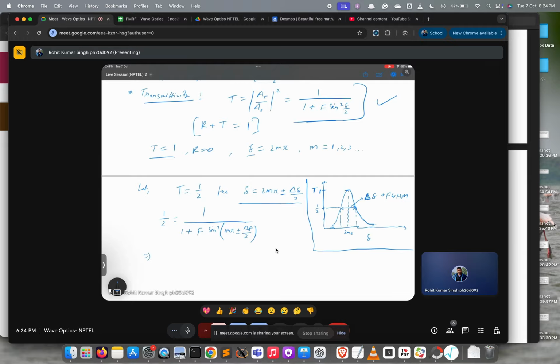If you calculate it, you will get basically F sine square delta by 4 is equal to 1.